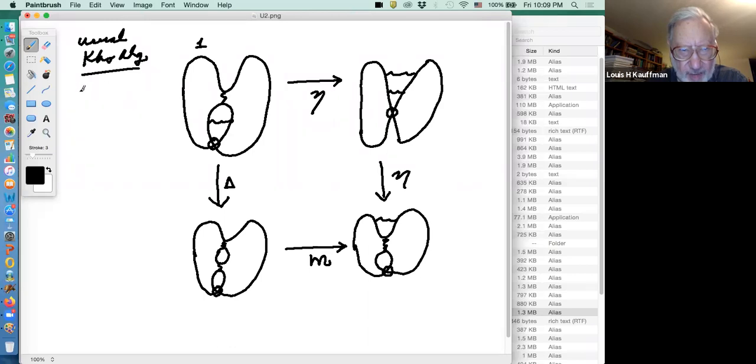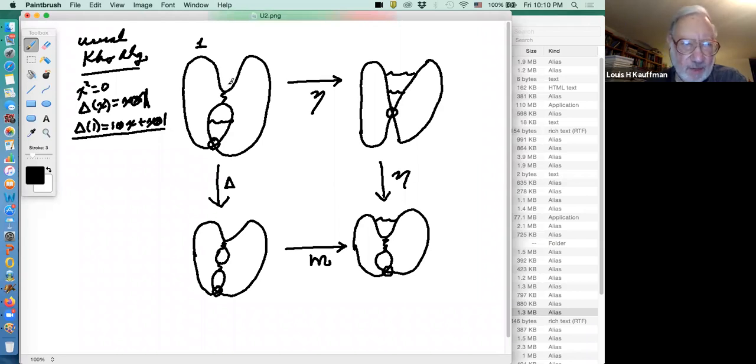And then we have, remember, x squared equals 0, delta of x equals x tensor x, delta of 1 is equal to 1 tensor x plus x tensor 1. And you don't need to know about the epsilons and so on, and 1 behaves like 1. So that's the basic Khovanov algebra.